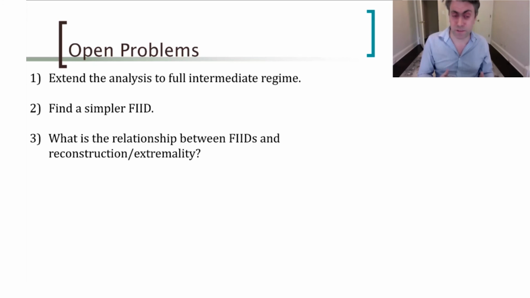And for example, to link back to what I started talking about, the hardcore model is a probability distribution over independent sets. And so you can ask when it has a factor of IID. And there's a parameter, the fugacity, for that.